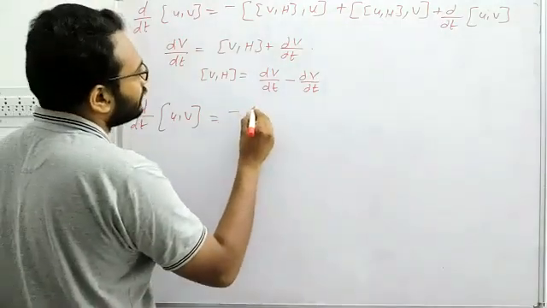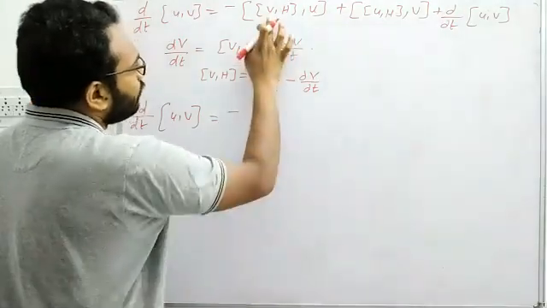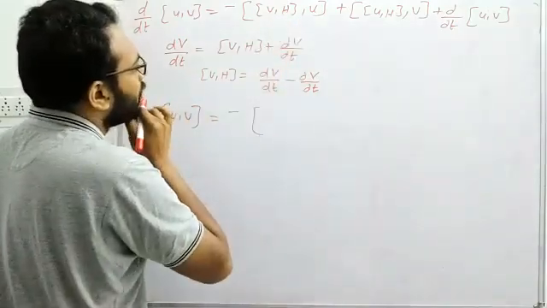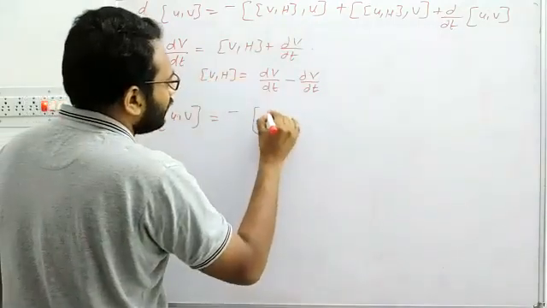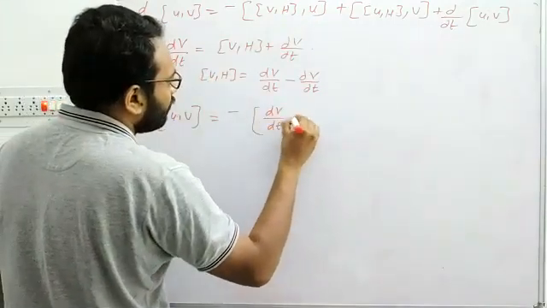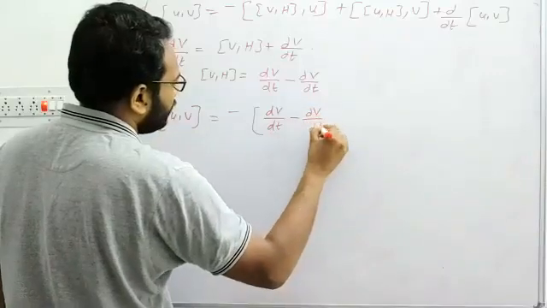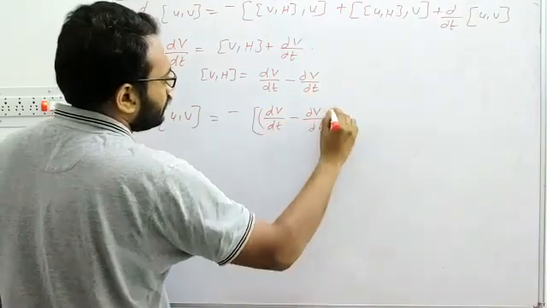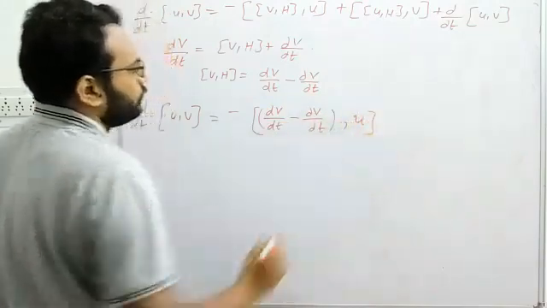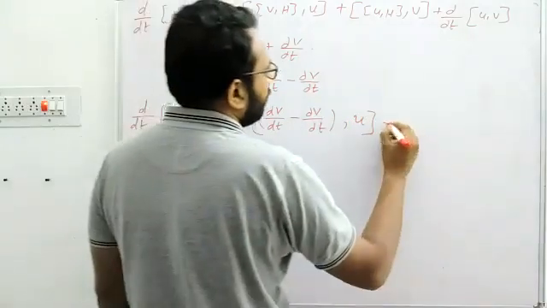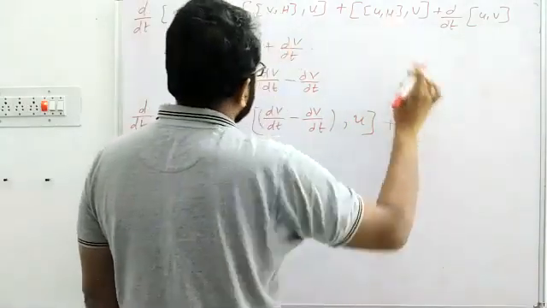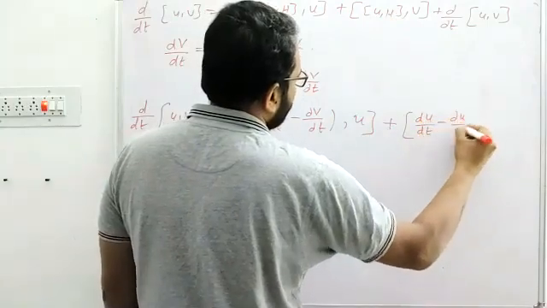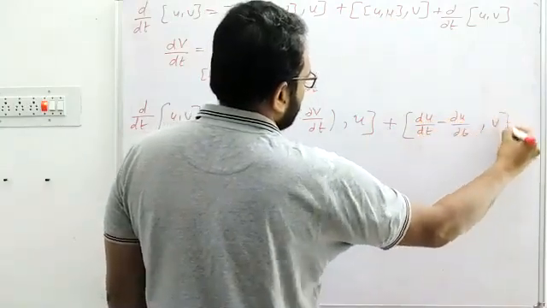This is equal to minus {{v, H}, u}, where {v, H} is dv by dt minus dou v by dou t, comma u. Here we've got plus {du by dt minus dou u by dou t, v}.